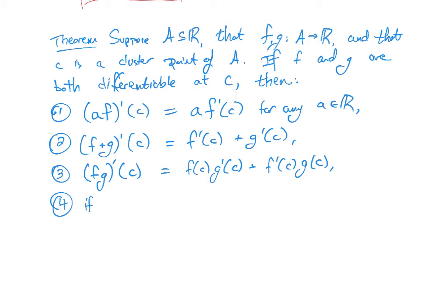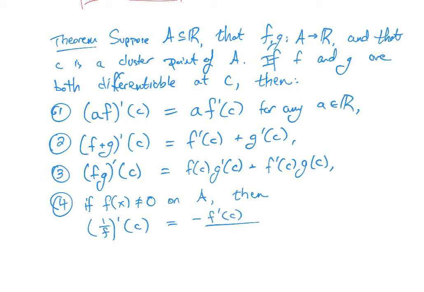So if f of x is not 0 on our domain A, then the derivative of 1 over f at c is negative the derivative of f at c divided by f squared at c.